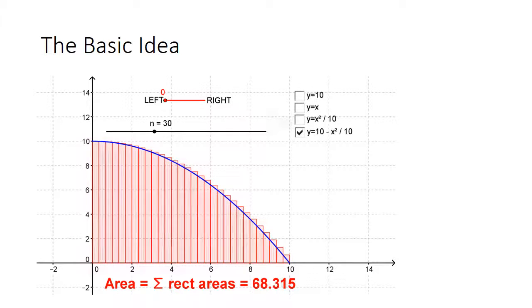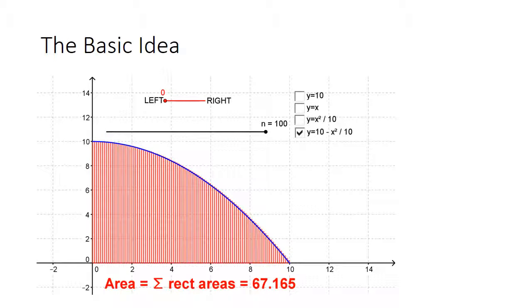So extending that idea, we could go out to a larger number like n equals 100, and we can see now that the error in all of these pieces that are sticking out here is considerably smaller, and so this should be a pretty good approximation, pretty close. It's still going to be a little bit high, and it's not going to be exact. So how do we get the exact value?